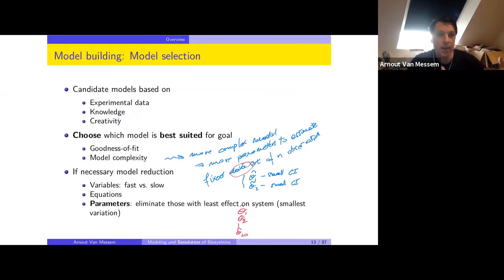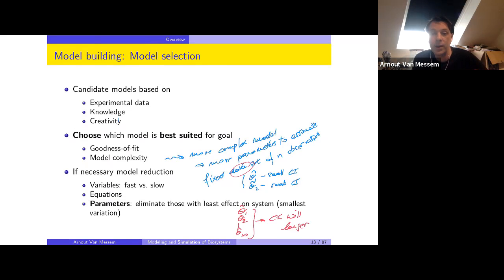But my data set is still the same, it doesn't increase. So I just have a limited amount of information available to do the estimation of more parameters. So here I will get estimates as well for the parameters, but the confidence intervals, they will be bigger. Just because I cannot estimate it as accurately as I can do with less parameters.